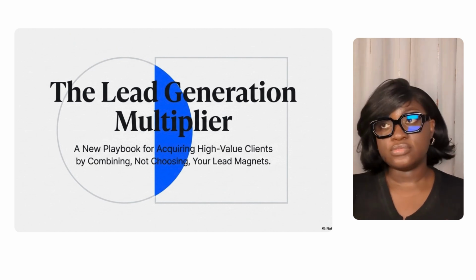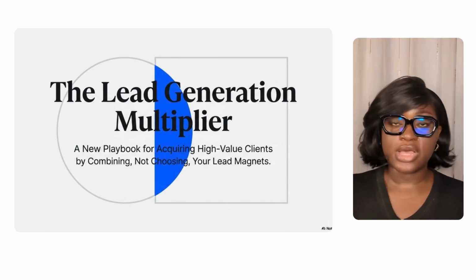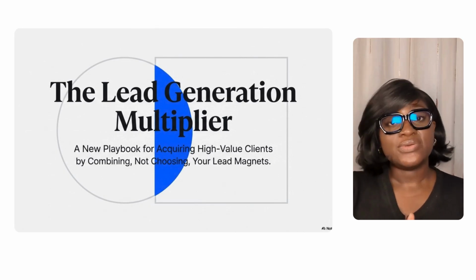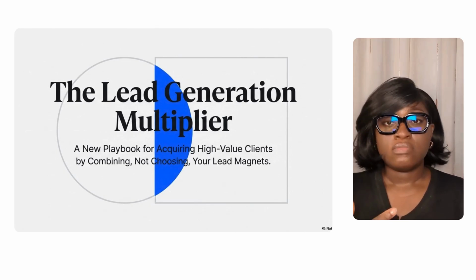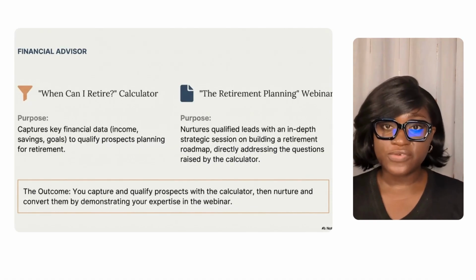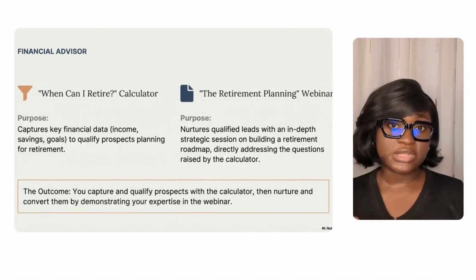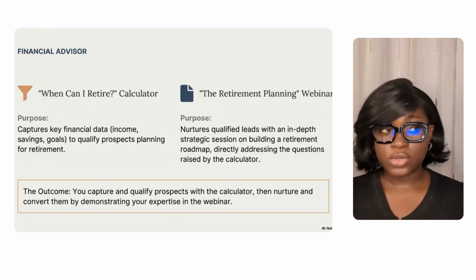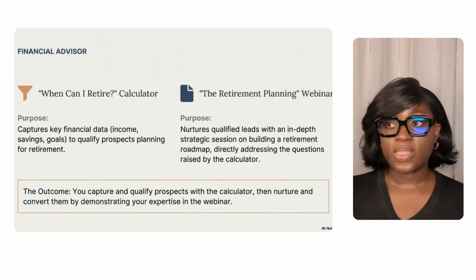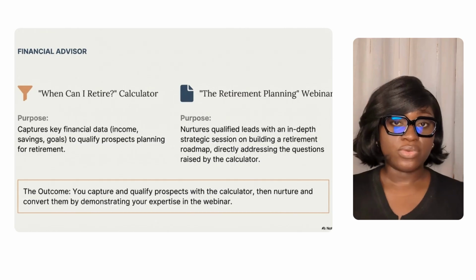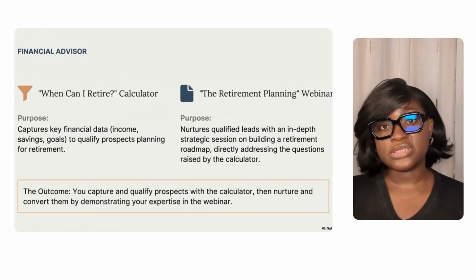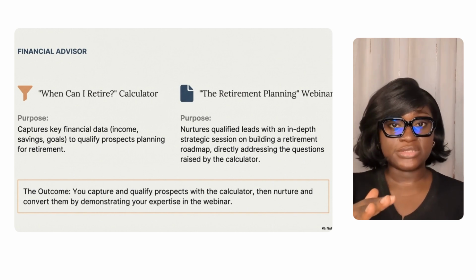For us, we don't say A or B, we don't say ebook or calculator. We're looking at different pairings of lead magnets that will deliver the absolute best result for our clients. So for a financial advisor, we're looking at which lead magnets we can pair with what other lead magnets, which ebook we can pair with a calculator, what quiz we can pair with a webinar, and how we can make sure we streamline everything that happens from using the lead magnets to watching the VSL.